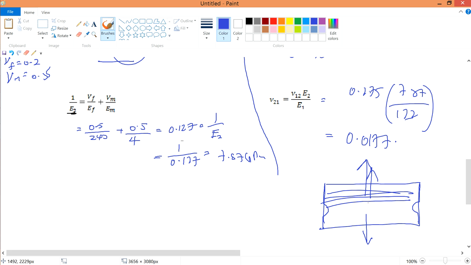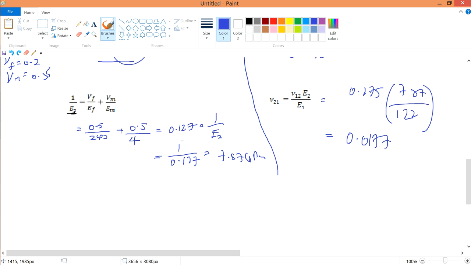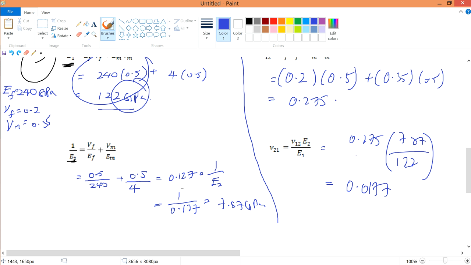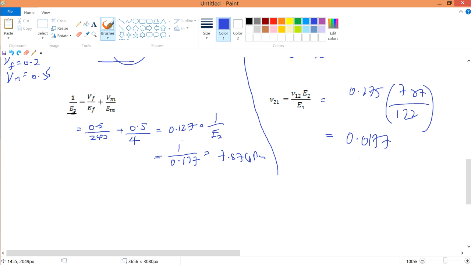Your fiber is arranged in this manner, so the expansion over here is going to expand faster than the compression over here. Hopefully this is pretty clear. This is what the Poisson ratio is trying to say. So the lower the Poisson ratio, the expansion is faster than the compression. I repeat again, the expansion is faster than the compression.